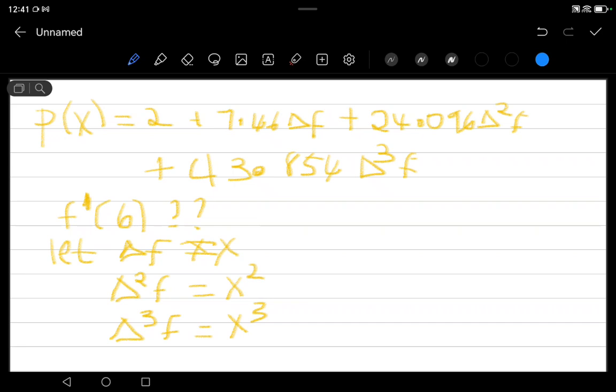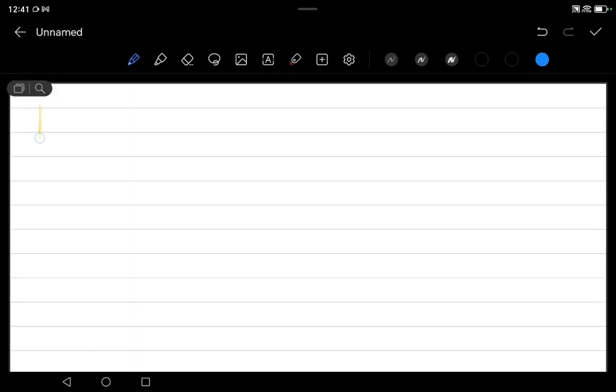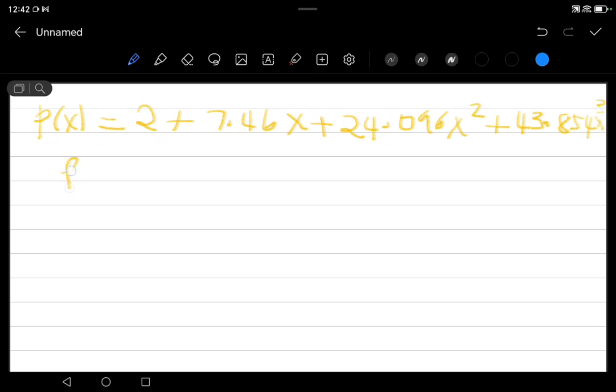And remember, we're still on that quotient. So moving forward, we're going to have p of x equals 2 plus 7.46. Remember, we said we're going to write it as x plus 24.096 x squared plus 43.854 x cube. Remember we want f prime of 6. So to get f prime of 6, we have to derivate this.